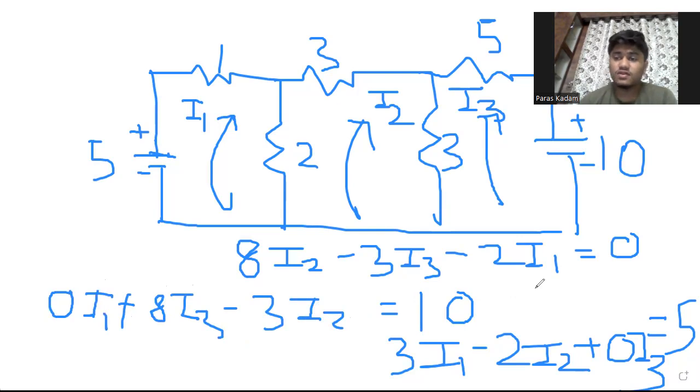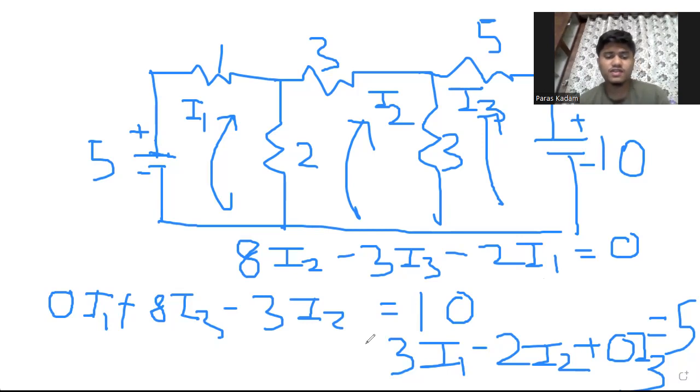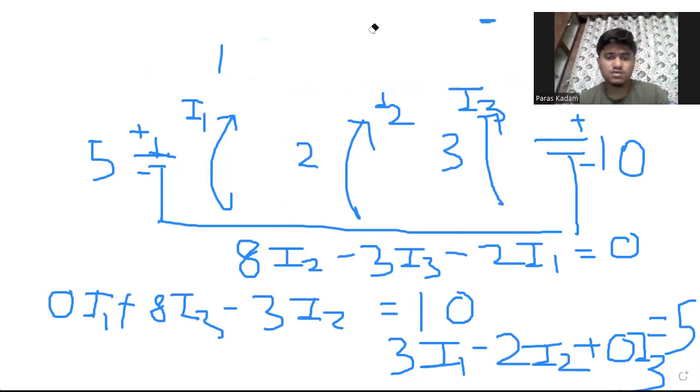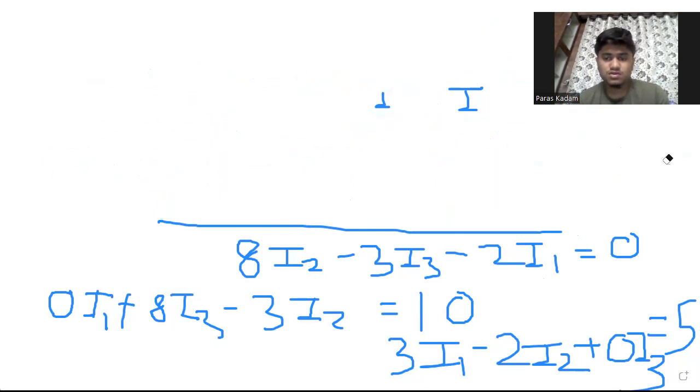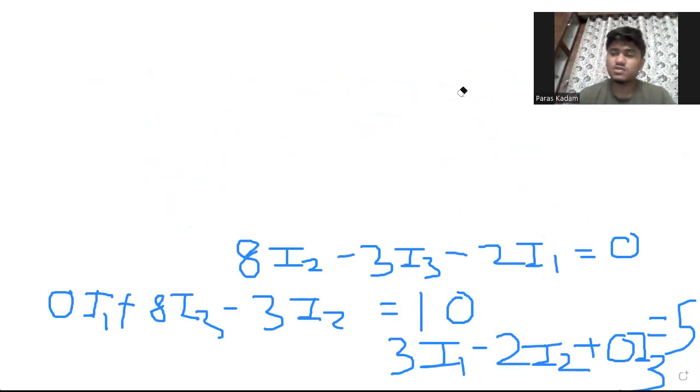Now we will solve these three equations using Cramer's rule. So how can we solve? I will clear my diagram for space. In Cramer's rule, you have to use the concept of a matrix also.